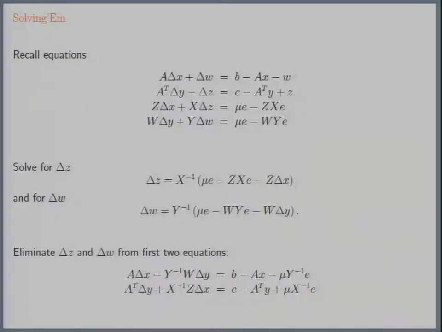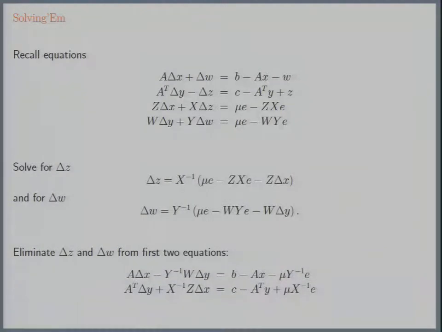If I solve the first equation for delta x, I get sigma minus A transpose delta y, and then I have to multiply by the inverse of this, which is XZ inverse. So that's my delta x.